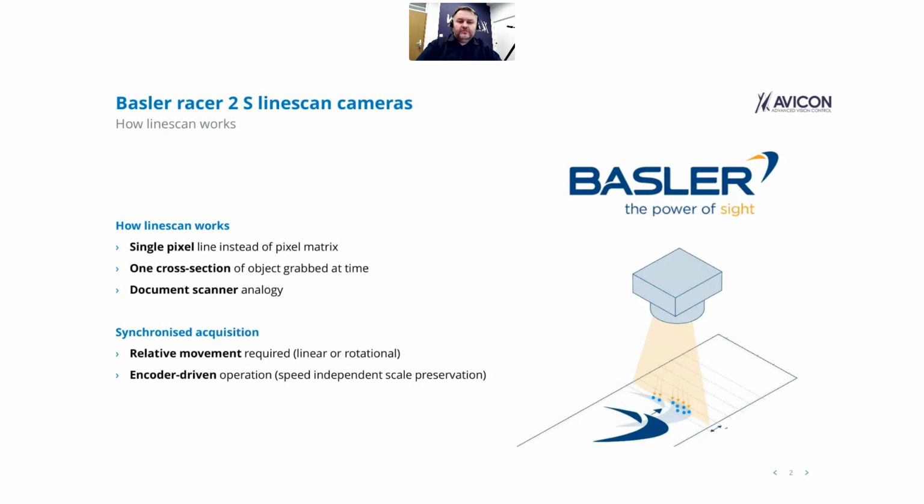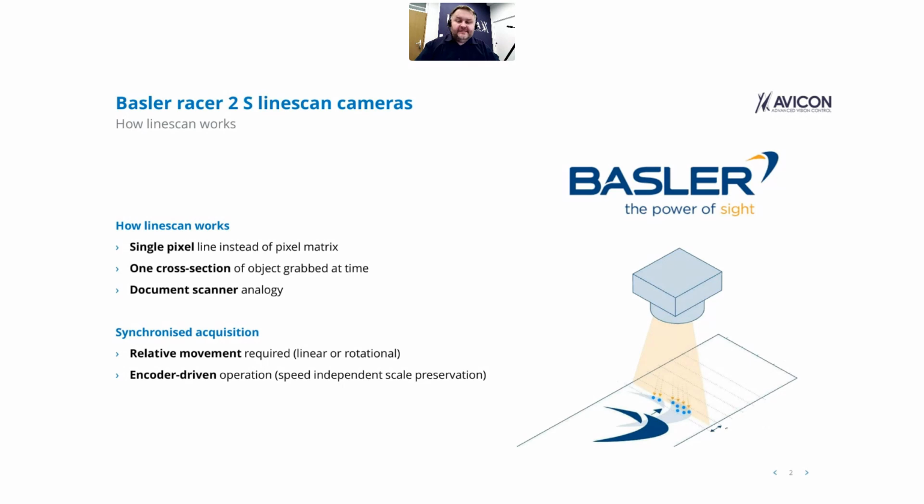Just for those who don't know what line scan cameras are, we have a very depictive and short explanation here. You can imagine that line scan is just the usual camera. However, it has only a single line, a single stripe of pixels, instead of a two-dimensional area scan image sensor.